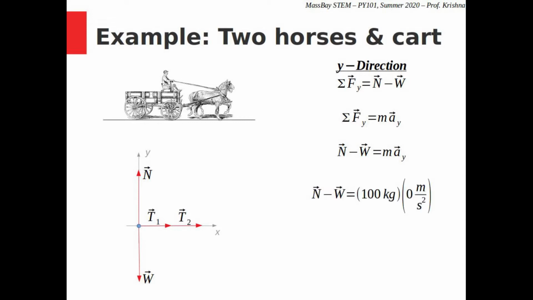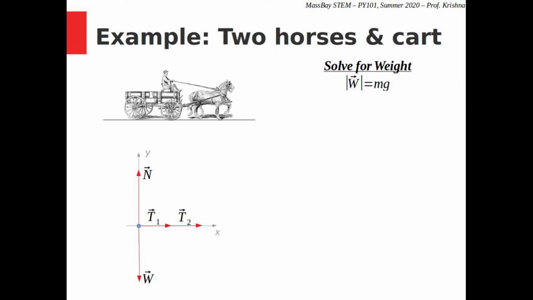Step 6. Substitute for all knowns. The normal force is unknown. But the cart isn't moving in the y direction. It is not falling towards the center of the Earth, nor is it levitating off the surface of the Earth. So the acceleration in y is 0.